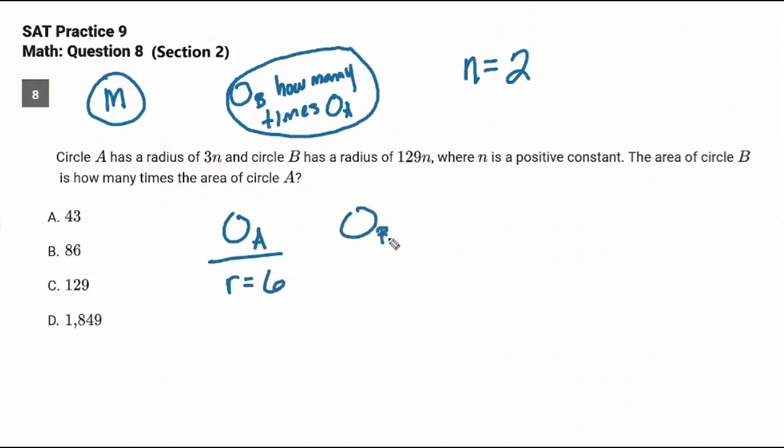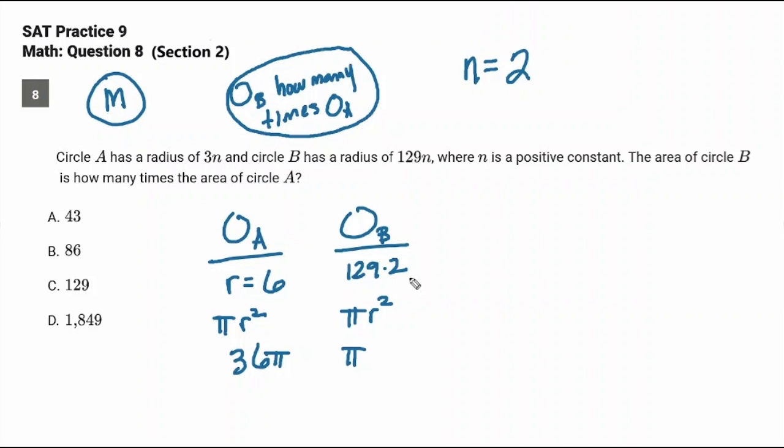And circle B has a radius of 129n, so 129 times 2. The area of circle A, pi r squared, pi times 6 squared, that's easy, that's 36 pi. This one's pi r squared again for circle B. This is pi times 129 times 2 squared.